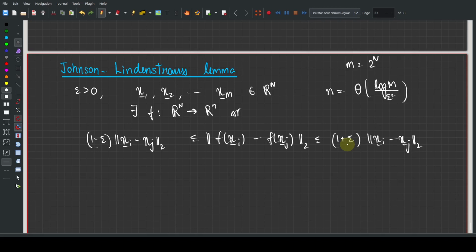Another nice feature is that this map can be chosen to be a linear map. So it's possible to construct a linear transformation, basically a projection matrix, or rather a small n by capital N matrix, such that after transformation, the distances are still approximately preserved.